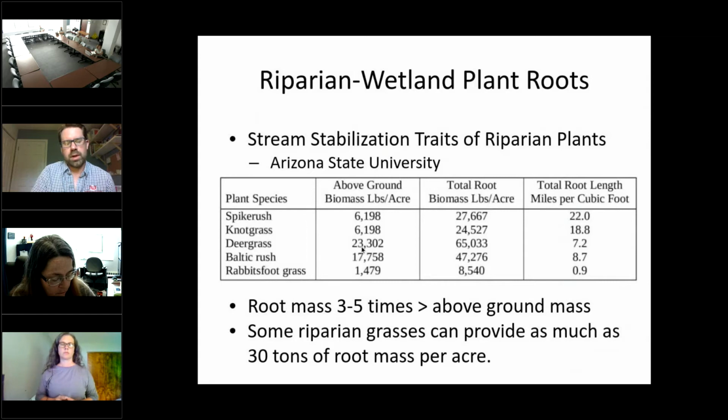So whatever you see above ground, they're growing 3 to 5 times that amount below ground, which is going to provide more stabilization. Some of those riparian grasses could provide as much as 30 tons of root mass per acre, which is hard to fathom. 30 tons is a big number.